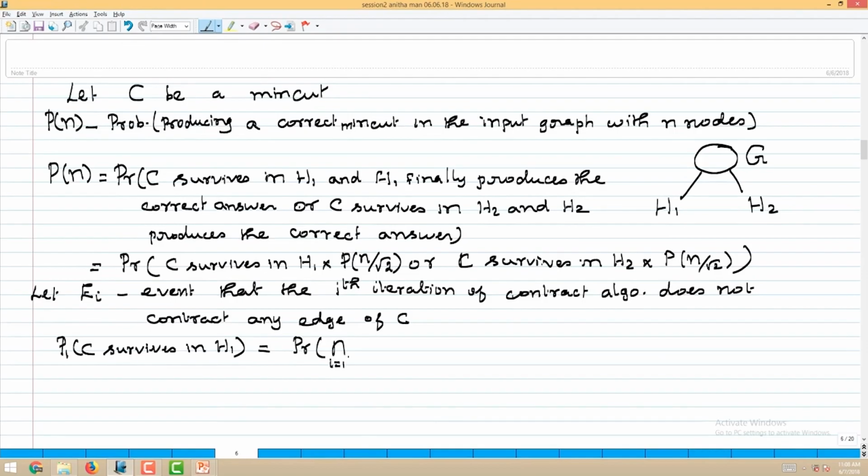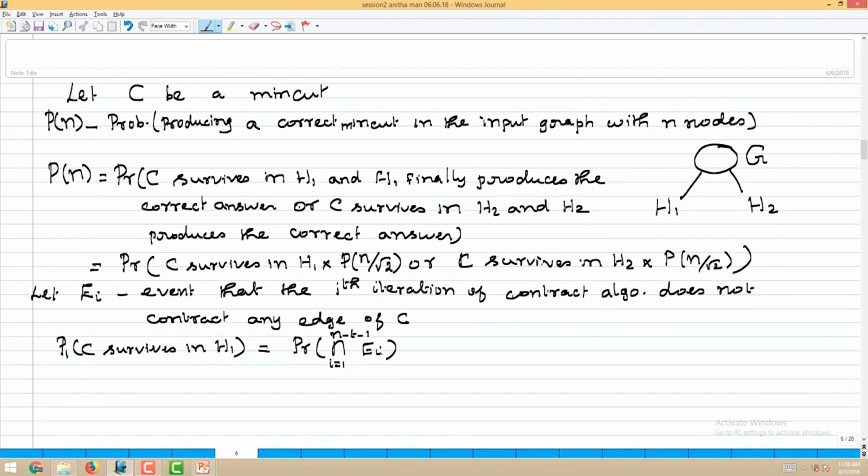Go through the contract algorithm while cardinality of V is less than T. We are starting with n vertices. So, how many iterations? One iteration is actually reducing one vertex. n minus T minus 1. Okay.